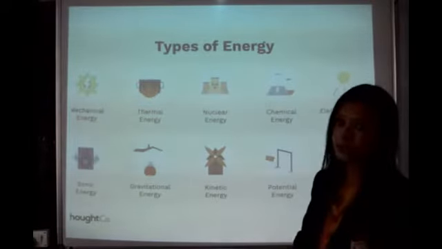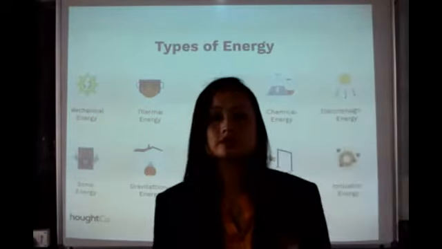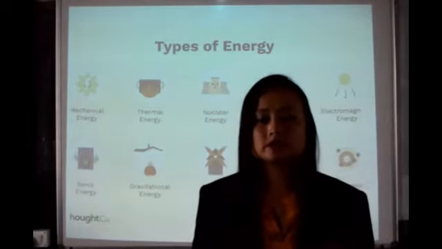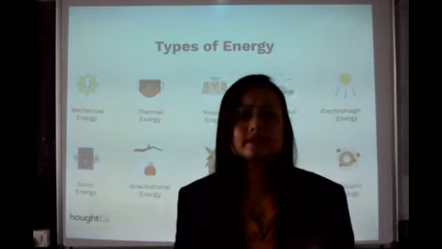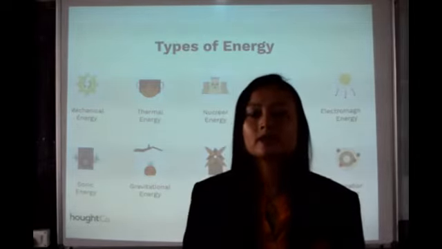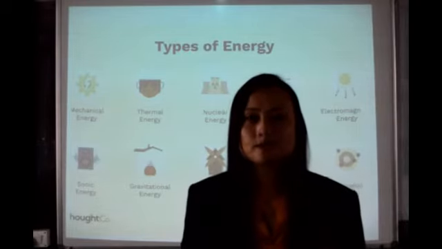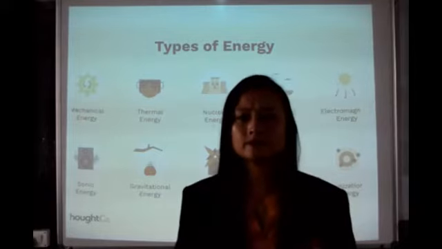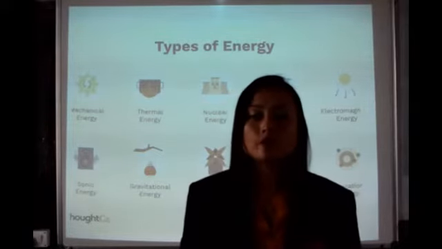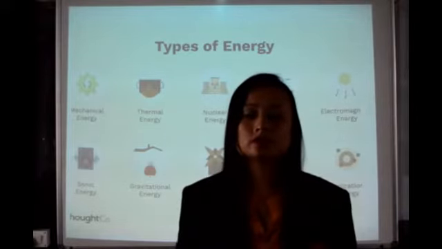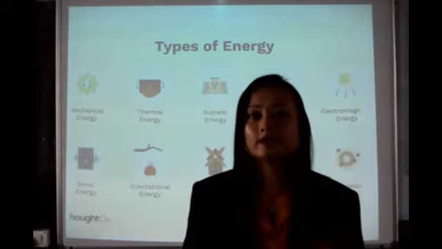Chemical energy. Chemical energy is also called stored energy. Chemical energy is the energy which is present in the elements, the fundamental particles of an atom. So when the elements combine to form a compound, or when they undergo any reaction, they liberate energy. Okay, to undergo some reaction, they need energy, isn't it?